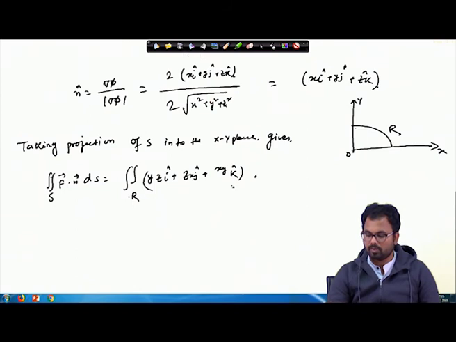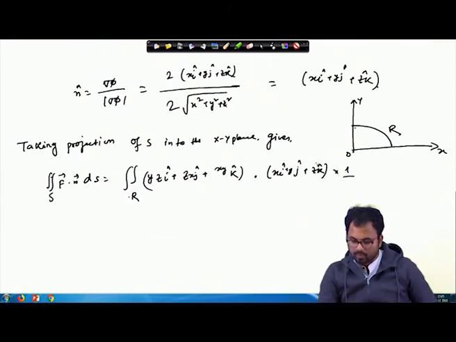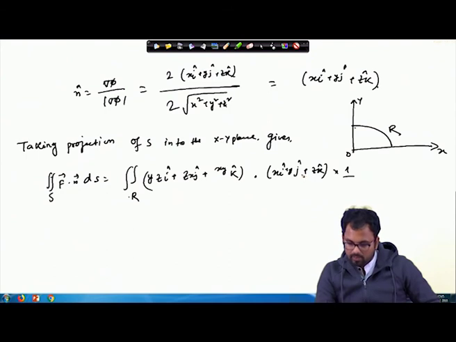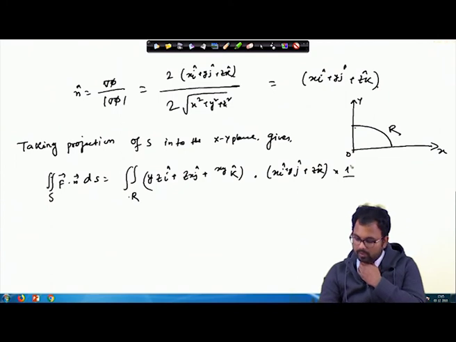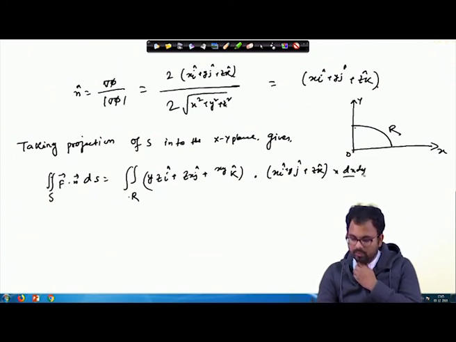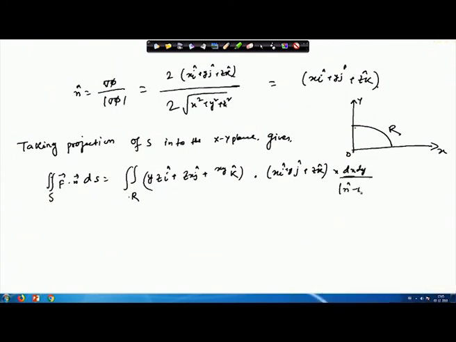So, first of all, here I will write our normal, which is x i plus y j plus z k. So we have n and we have f, and now d s is basically d x d y divided by n dot k, right.